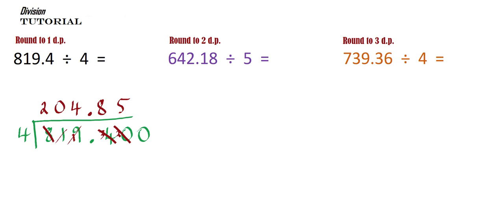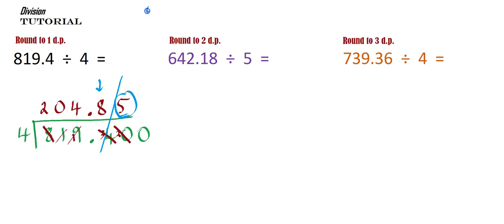However, I'm supposed to round it to 1 decimal place. So here is the first decimal place. So I can stop right there in terms of how many digits I'm going to have in my answer. But I need to look to the next place value on the right. In this case, that's my indicator number.